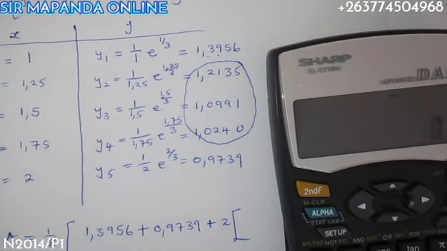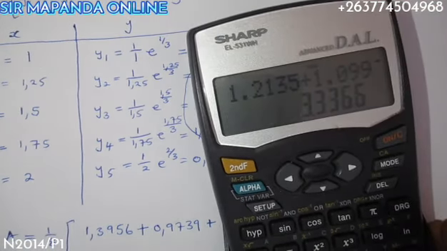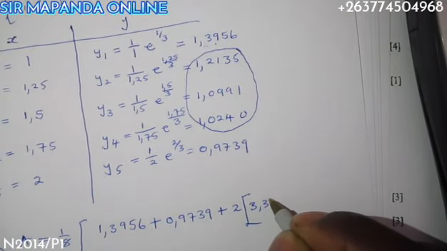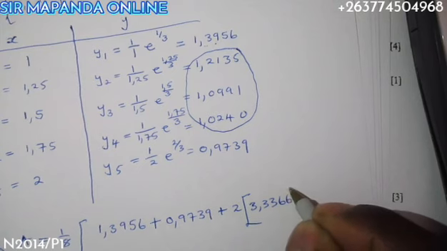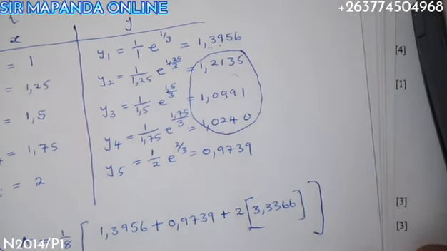So I'm just saying 1.2135 plus 1.0991 plus 1.024. The total is 3.3366. So 3.3366 is the sum of the remaining y-ordinates.